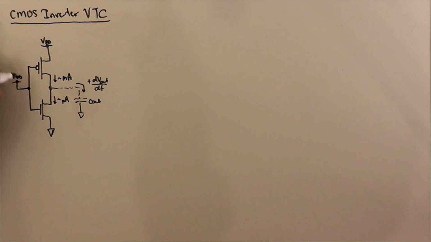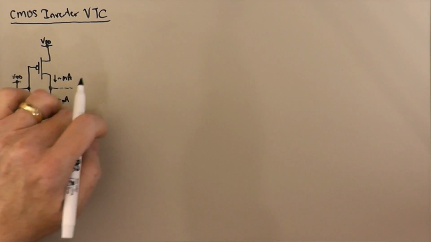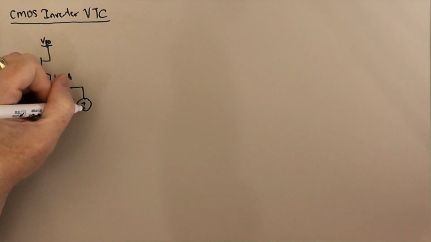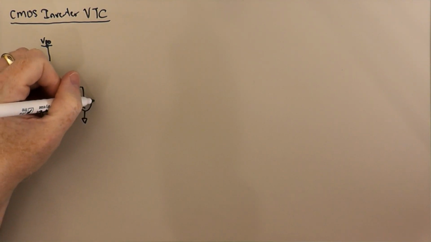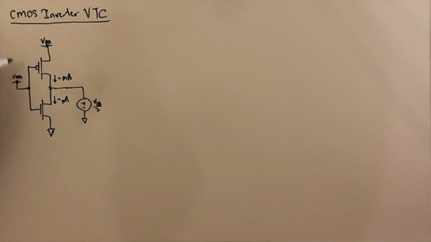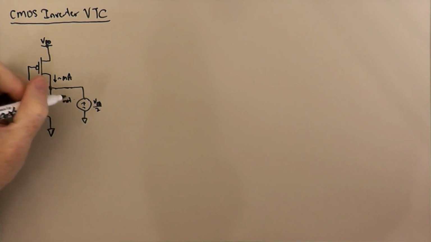now, and let's put our voltage source back here, maintaining V out at VDD over 2. Well, now we have the opposite sort of situation, where we have the maximum VGS on the NMOS transistor, and so the saturation current will be like milliamps.